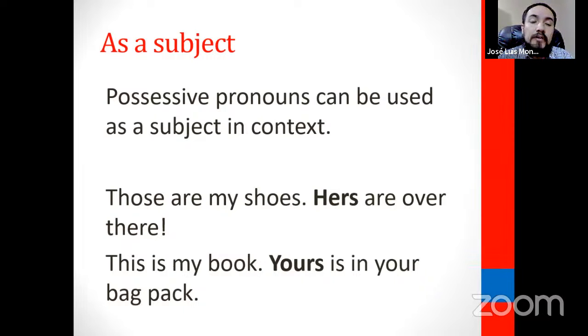Hers are over there. Okay, and then this is my book. Yours is in your backpack. So again, it's interesting. You can use this word in many different places. And right now, perhaps we're still taking a look at the characteristics of that song. All right, so that came to my mind.